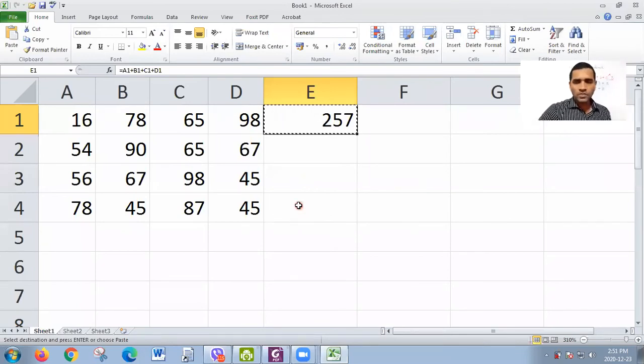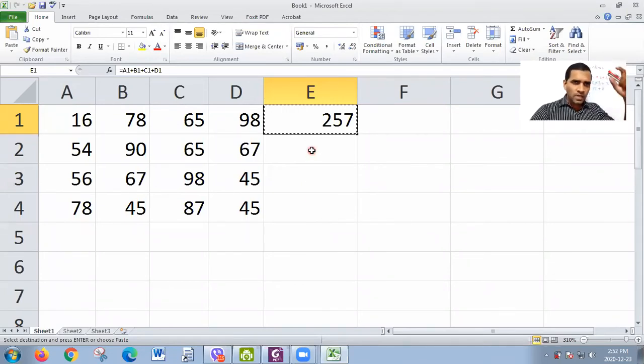So my third step would be to select the cell range where the formula is to be pasted. I repeat it. You need to select the cell range in which the formula is to be pasted. So what is the cell range to be selected here? From E2 to E4. E2 colon E4.